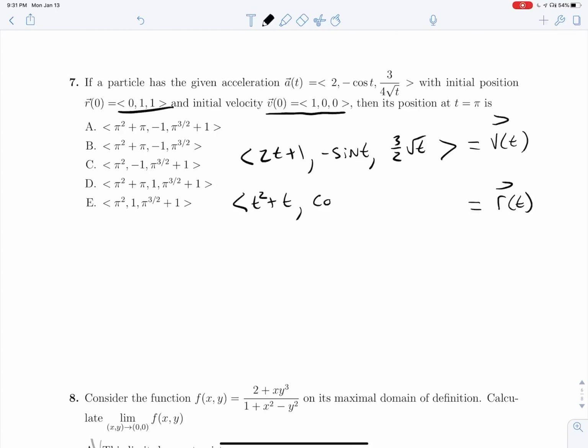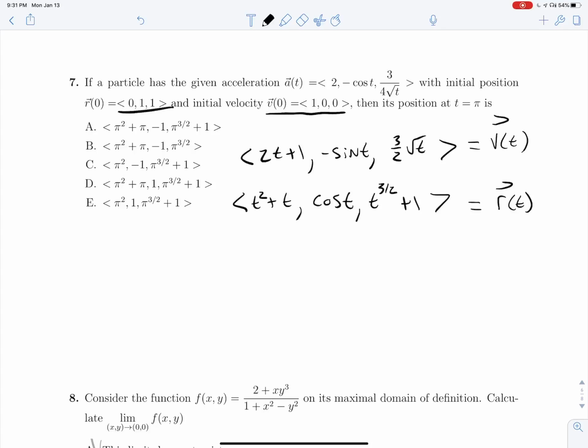Here we're going to get cosine of t, and when t is 0, cosine of t is 1, so that does agree with our initial value. And then finally, t to the 3 halves, and that does not agree when t is 0, so we'll need to add a 1 there to compensate.